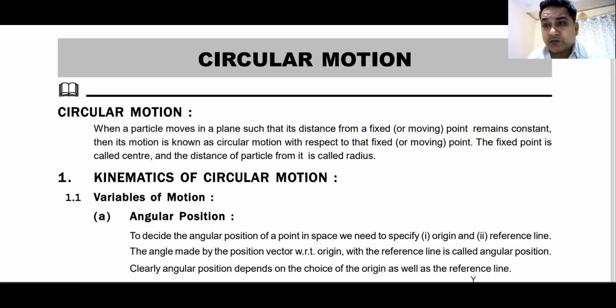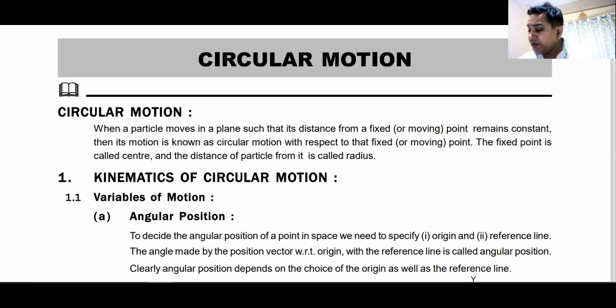According to my estimation, there will be some question based on this topic, and this is a portion where you can score marks, so we'll quickly discuss the points and then solve some questions based on circular motion.